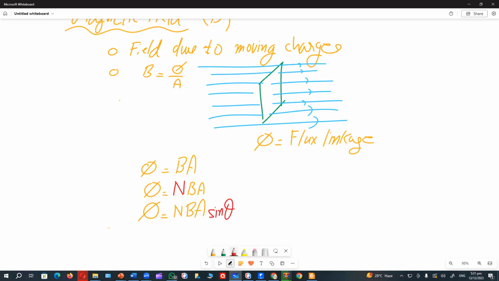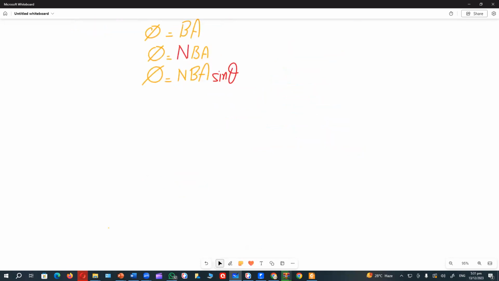So this is the first main formula of this chapter: phi is equal to NBA, where N stands for number of turns. As the chapter proceeds forward, after establishing what a magnetic field is, we have the concept of solenoid.